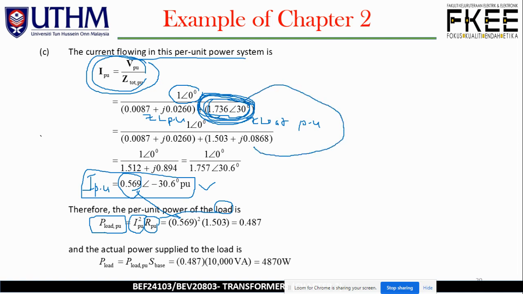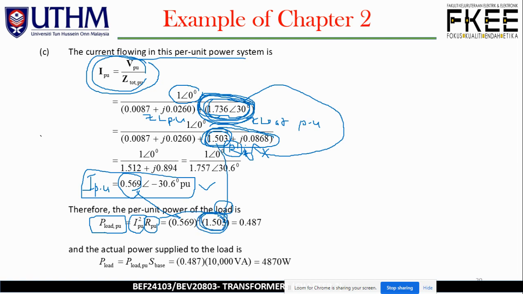Remember, once you convert to rectangular form, it consists of real and imaginary parts, the resistance and also the reactance. So take the R value of the load, which is 1.503, into here.